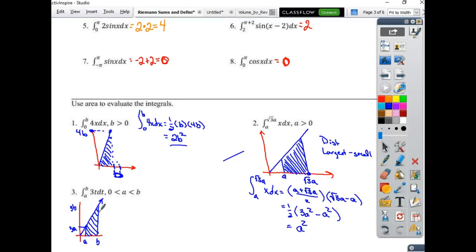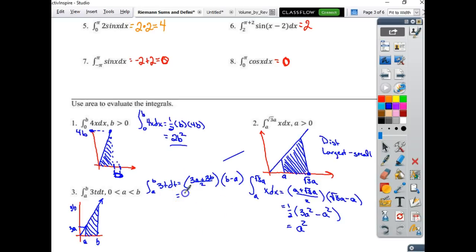Again, we've got ourselves another trapezoid. So this integral from a to b of 3t dt is going to be this particular trapezoid. So this is the average of the bases, 3a plus 3b over 2, times the distance between these bases, b minus a.